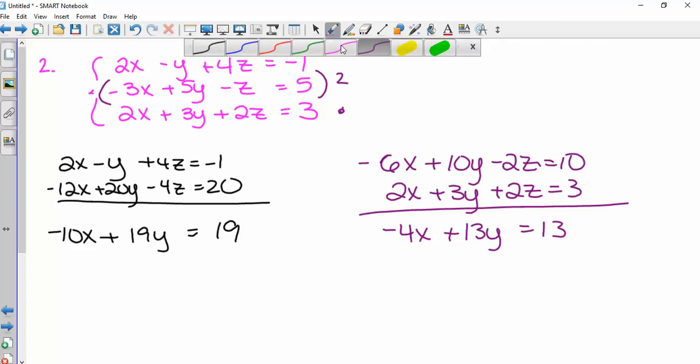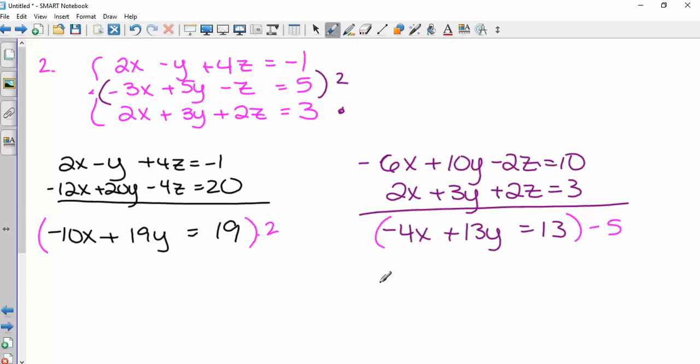Now, both of these equations have x and y in them. So I can put those 2 together and eliminate something. What do you want to eliminate? The x. Okay, so I have a negative 10 and a negative 4. I could turn them both into a 20. So I could take this one times 2 and this one times negative 5.